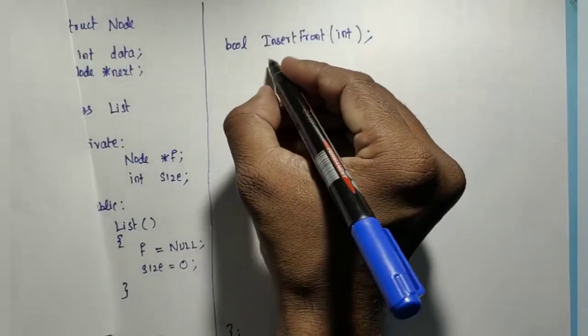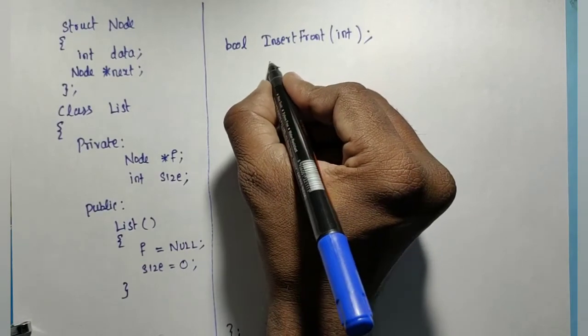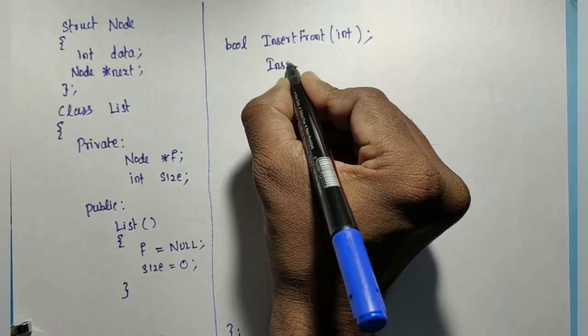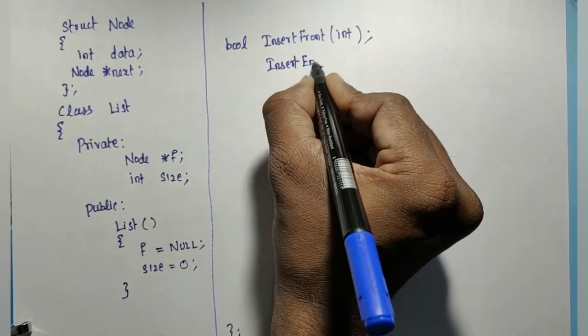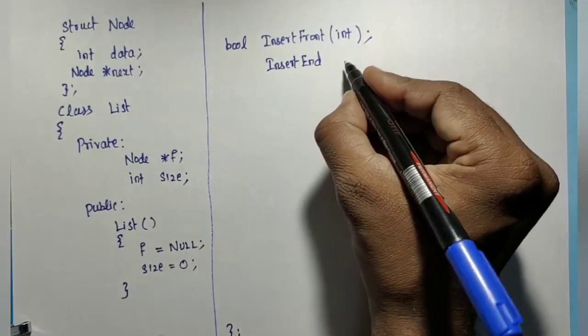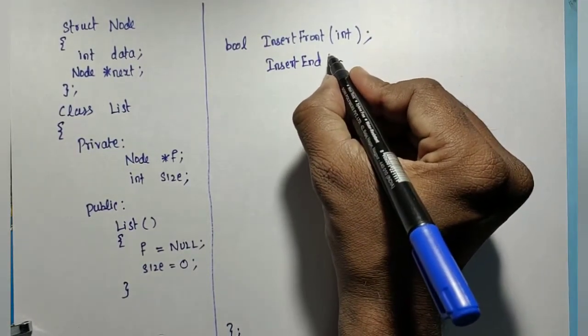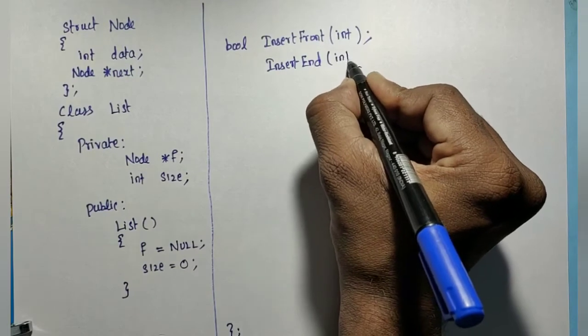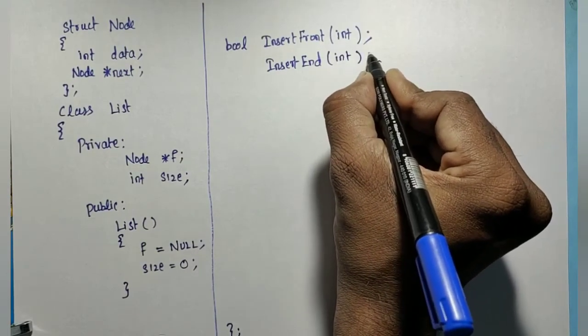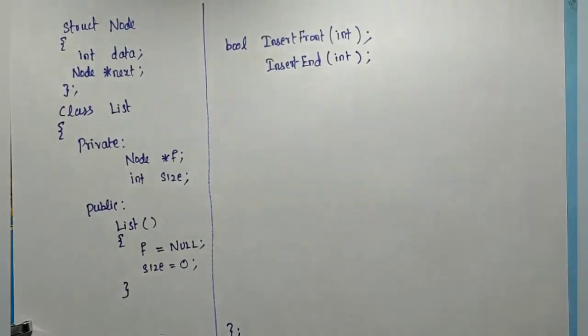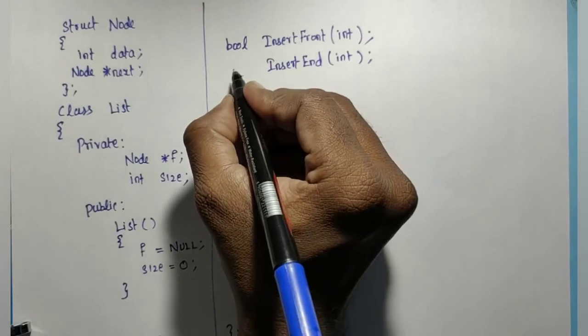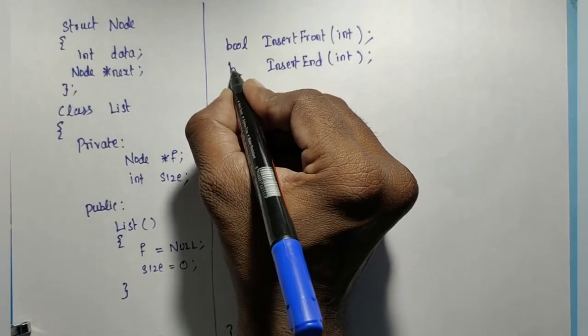The next function is insert end. It is also going to insert an element, so the input is one integer. The position need not be passed, because it is inserted at the end of the list. The return type is boolean.